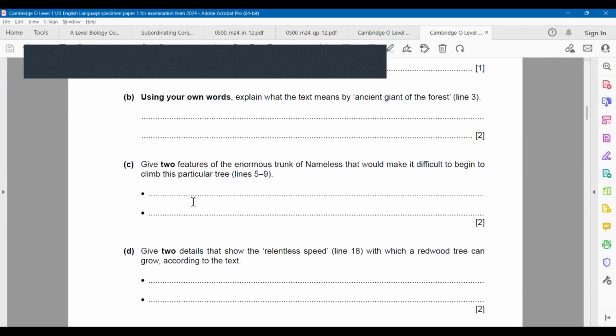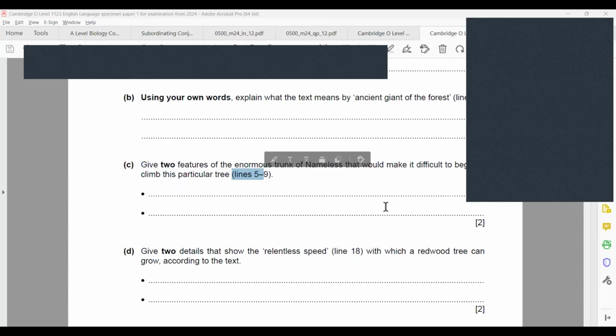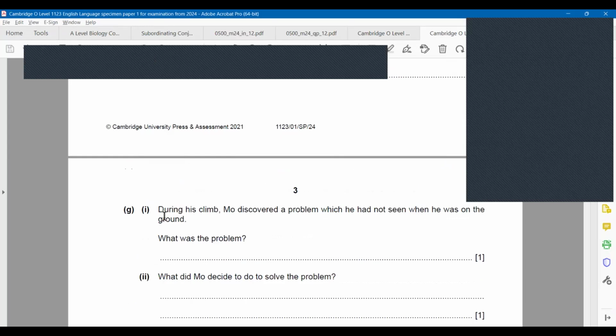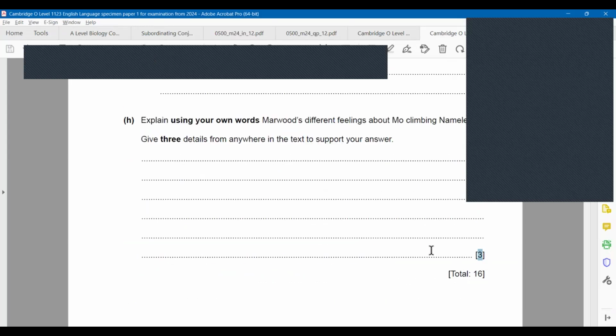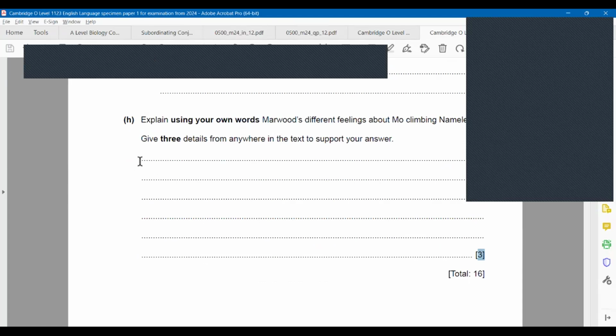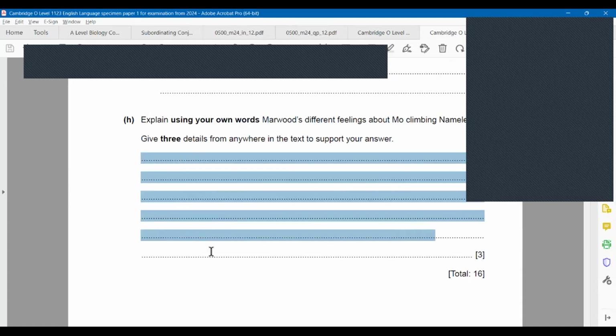Now, the line reference given over here, you can see there's a range, lines 5 to 9. For example, if I scroll down, you can see this is a 3-mark question. We're not discussing the question right now, but you can see you're given around 6 lines for a 3-mark question. So you need 3 details.